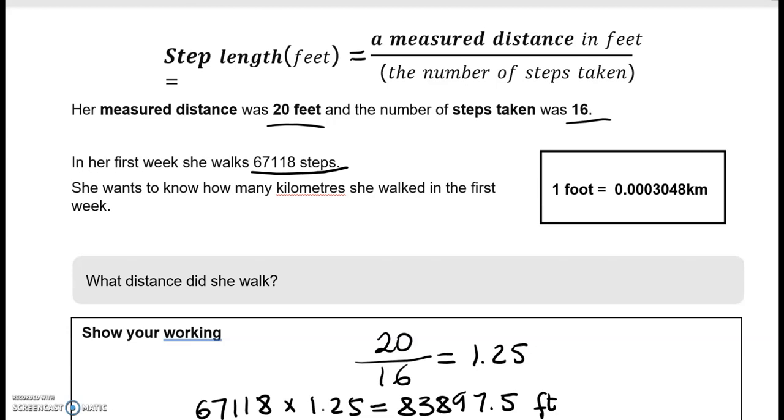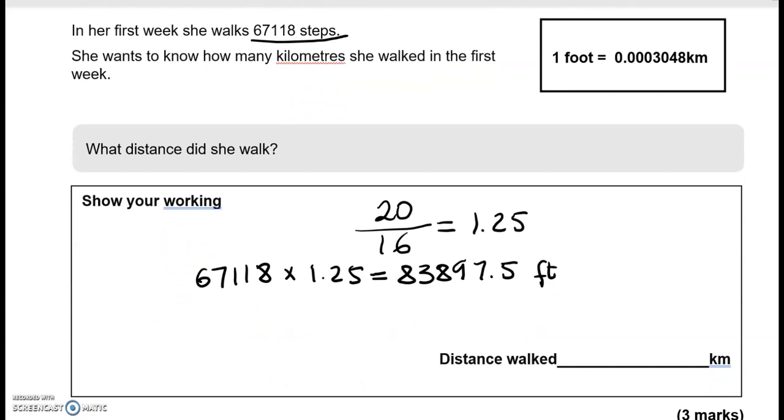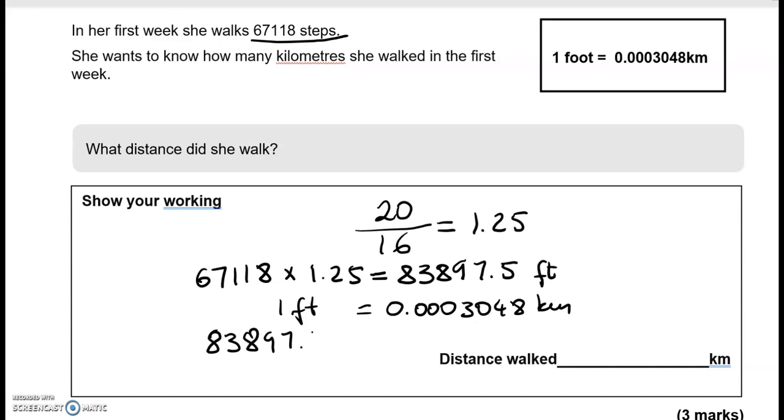So we've got the total distance in feet. We'll get that in kilometers now. So 1 foot is equal to 0.0003048 kilometers. What about 83897.5 feet?